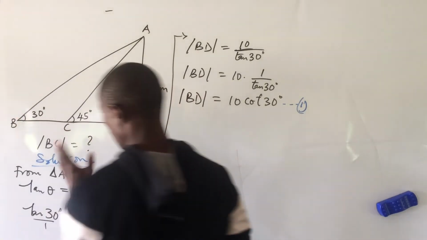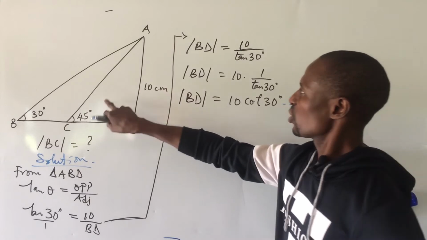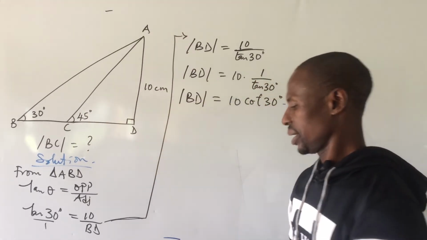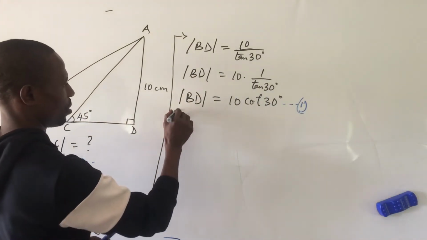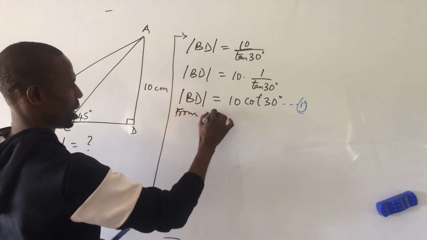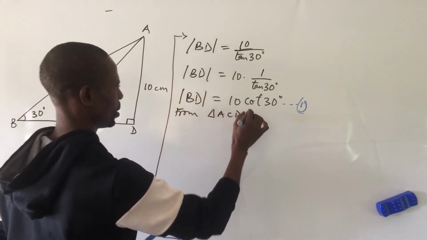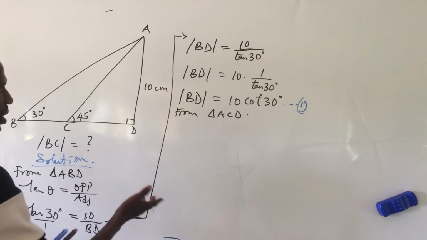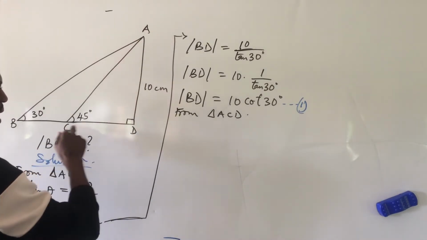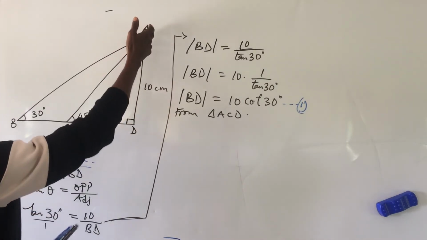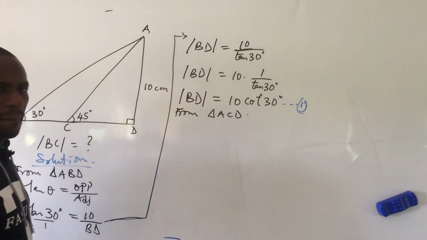Now we come to our diagram again and consider triangle ACD. From triangle ACD, we use the same relationship because here we have the opposite and here we have the adjacent, and here gives us our hypotenuse.